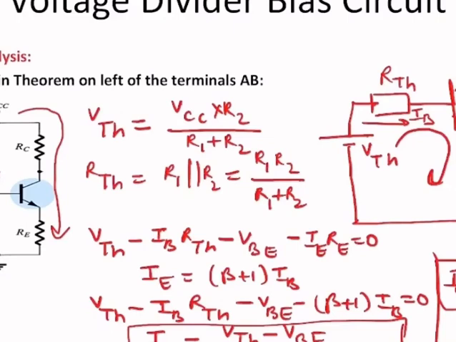Same value of VCE. VCE would be VCC minus IC into (RC plus RE), same as we had discussed in the approximate analysis of this particular bias circuit. In this way we can compute the accurate value of VCE and the accurate value of collector current that would flow in this particular biasing circuit.